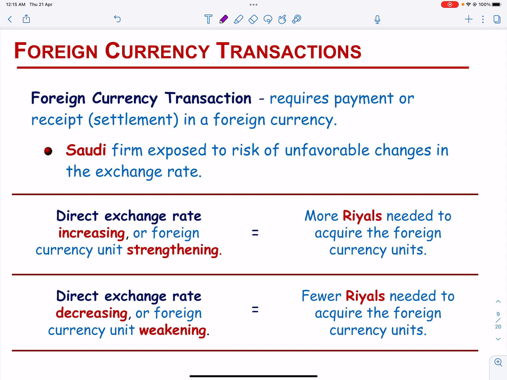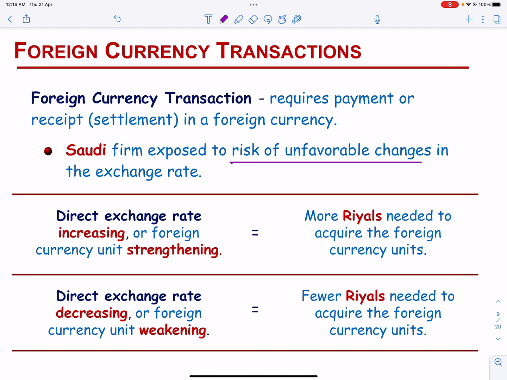A Saudi firm is exposed to the risk of unfavorable changes in the exchange rate. The changes in exchange rate may be favorable or unfavorable, but the risk will be in case of unfavorable changes only. Let us see how it works.